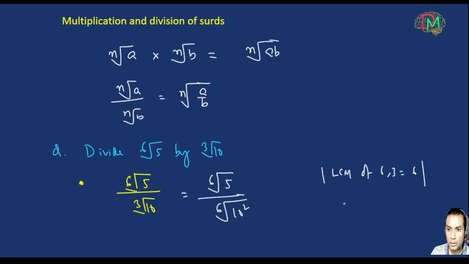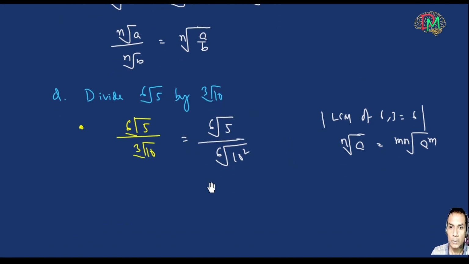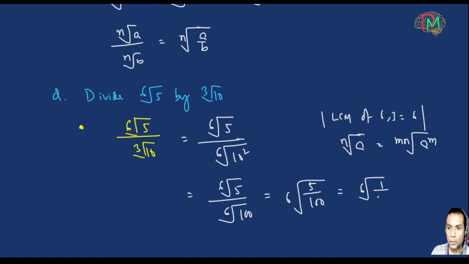The same rule: if it is the nth root, we can write the mnth root of a to the power m. Clear? The same formula we apply here. Then we get the 6th root of 5 by 100, and then the 6th root of 1 by 20.